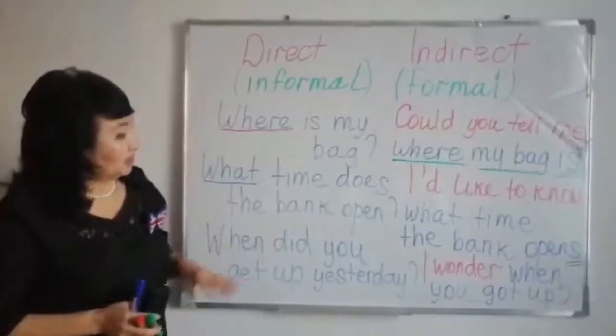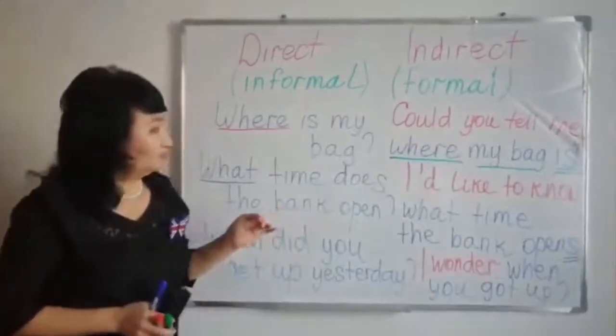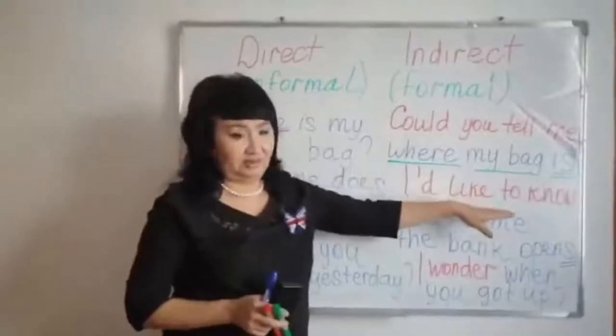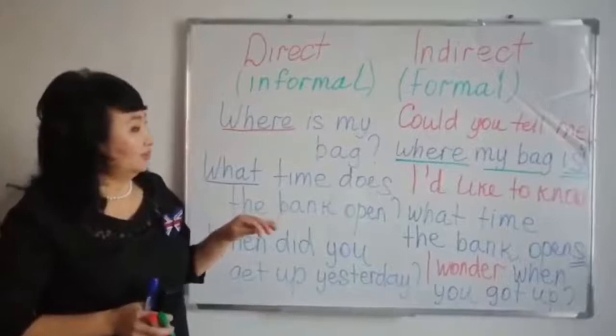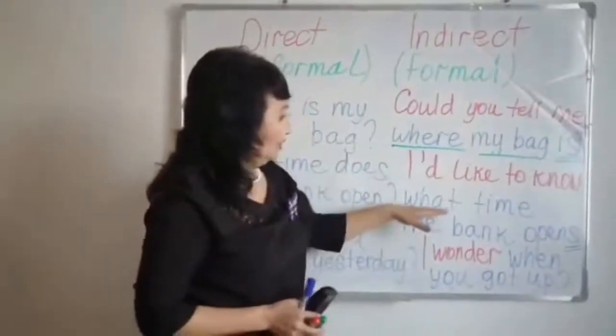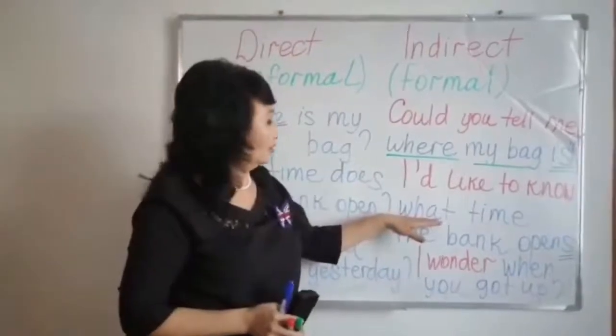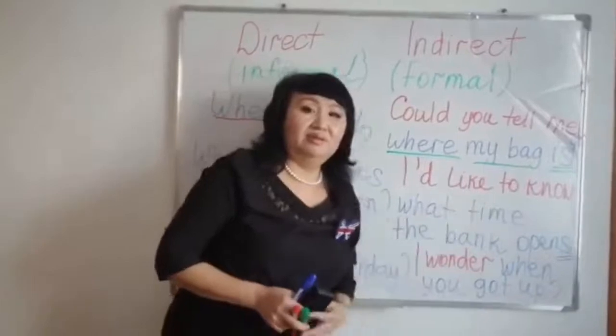Также мы опускаем вспомогательный глагол. We don't use an auxiliary verb in an indirect question. Also, you should remember the word order. After the special phrase, we write a question word, then subject and verb.